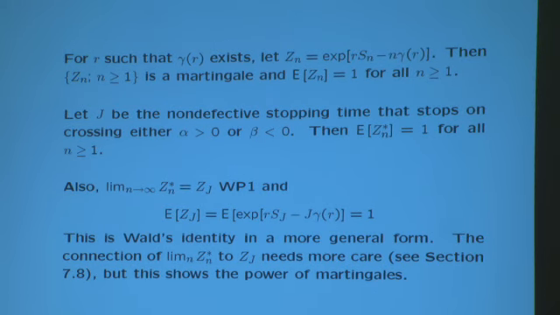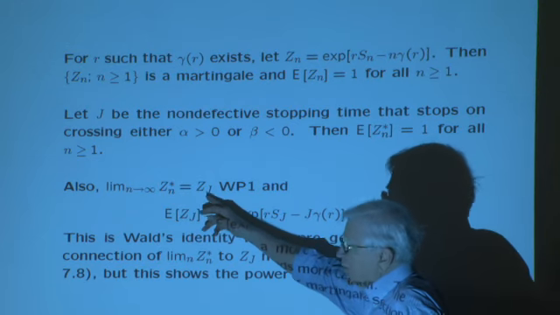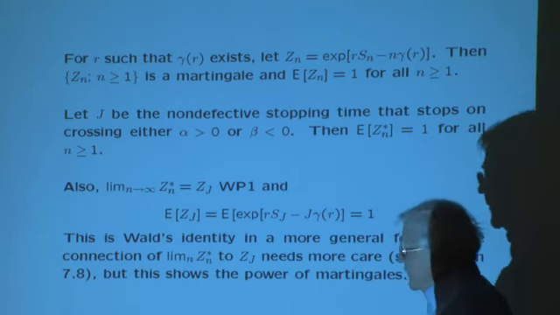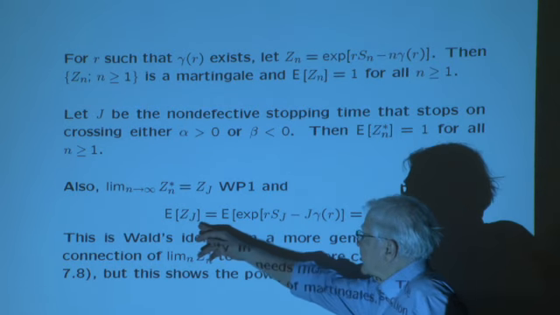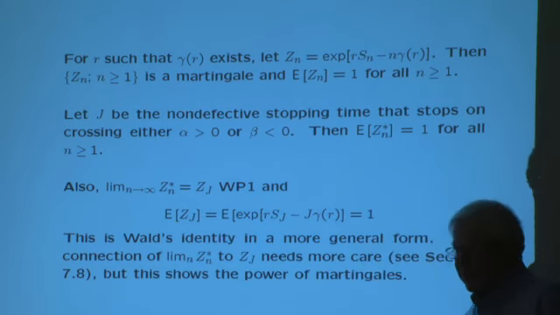Since this is a stopping time, the expected value of e to the Zn star is equal to 1 for all n greater than or equal to 1. And the limit as n goes to infinity of Z sub n star is then going to be equal to the process at the time where you stop. After you stop, you stay the same, so you never move. And the expected value of Z sub J is just this quantity here.